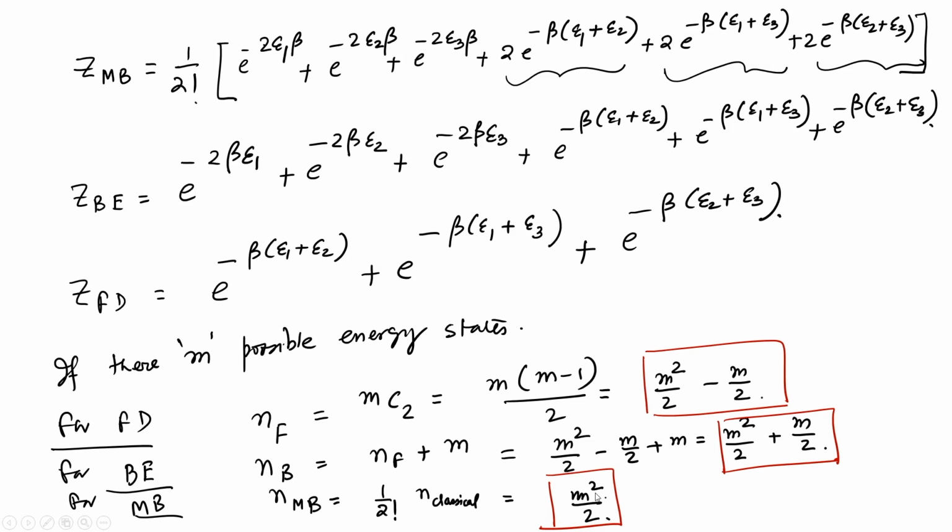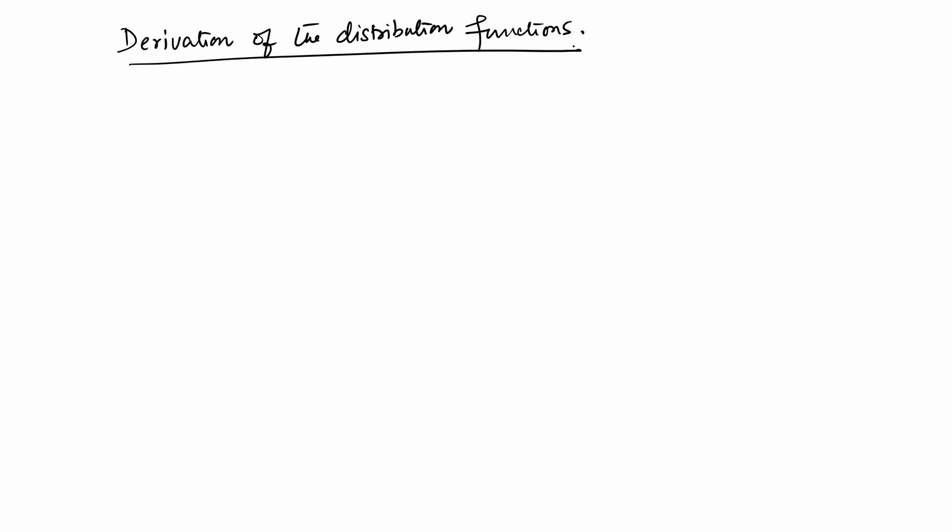Now, let us derive the partition functions, or rather the distribution functions, which we have not derived yet. Okay. So, we will write it as a derivation of the distribution functions. So, how do we derive it?